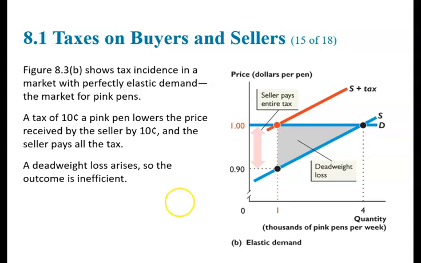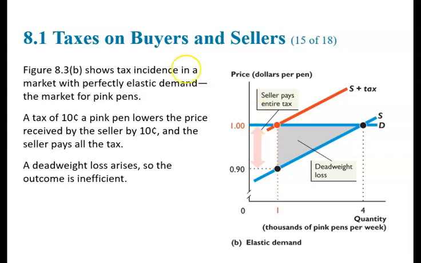So what this horizontal demand curve is showing is that if the price of the pink pens increases even by a little bit, the demand for pink pens will fall to zero. And why will that be the case? It will simply be because people can switch to red pens or green pens or black pens or any other colored pens if the price of the pink pens actually increases even by a little bit, even marginally.